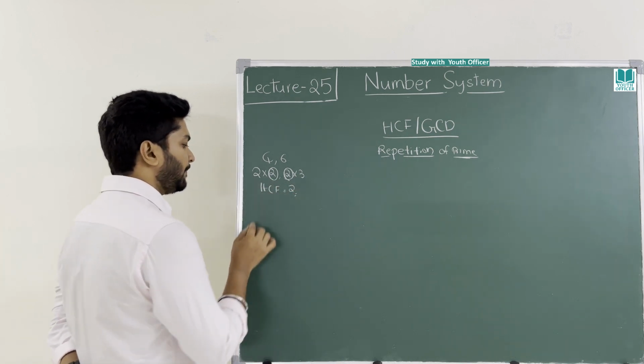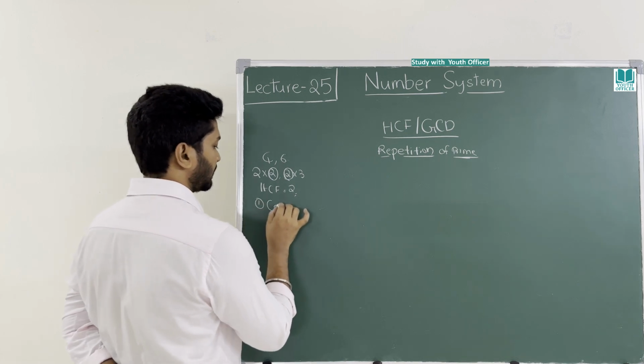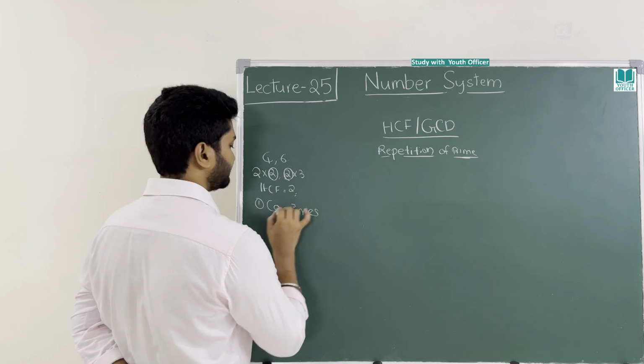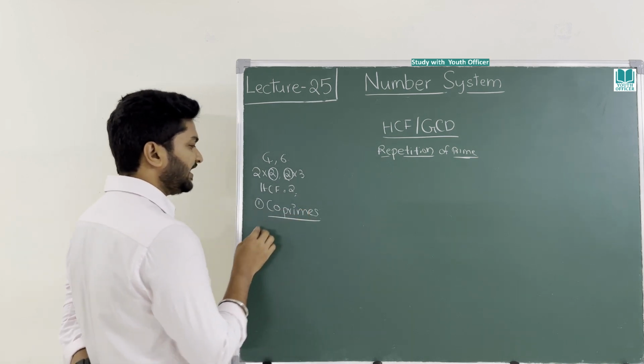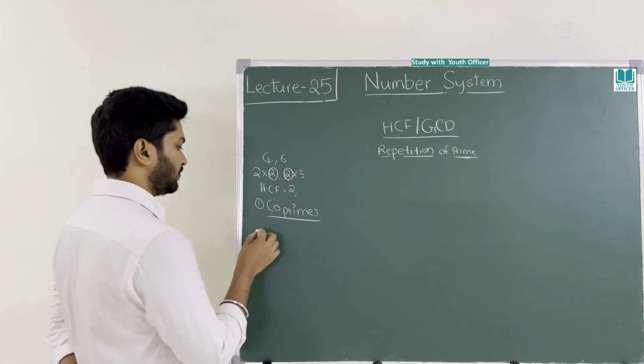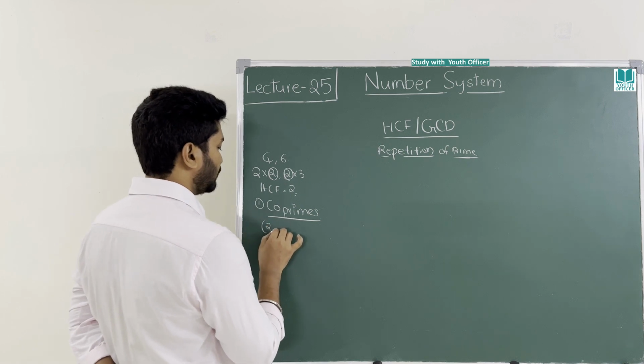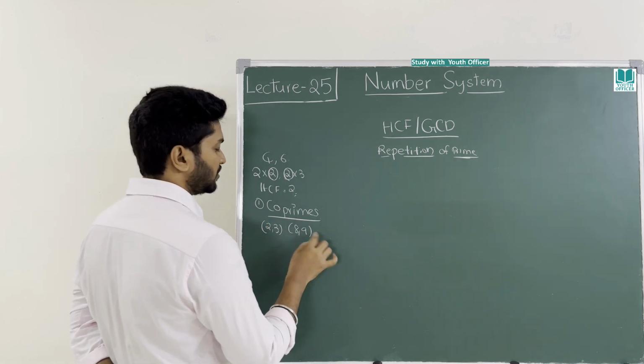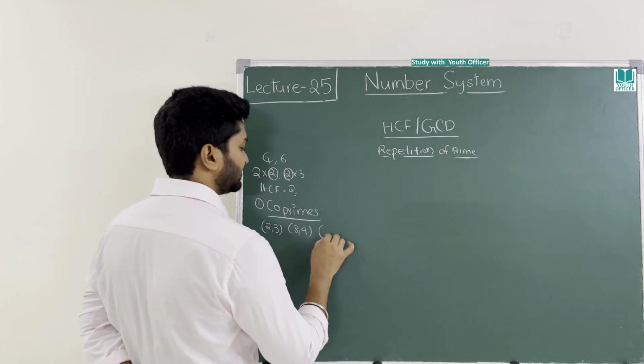If you take co-primes, what are co-primes? Any 2 consecutive numbers, such as 2 comma 3, 8 comma 9, or 12 comma 13, numbers next to each other.